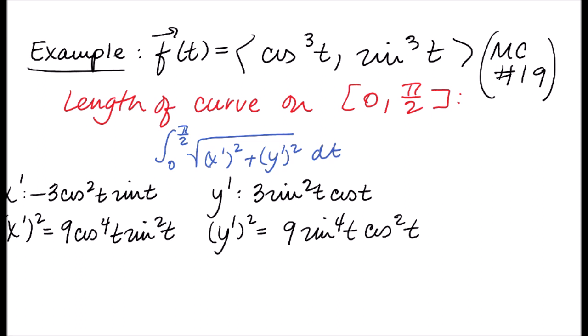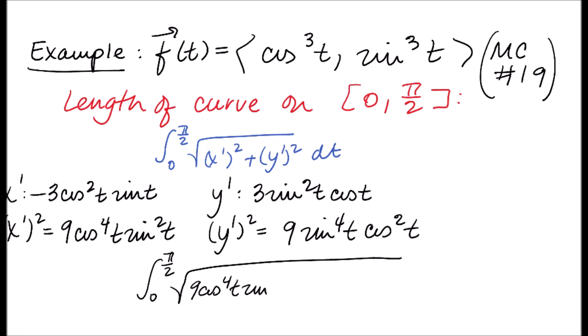So you go through your answer choices and look for an integral that has these in it. So we're looking for 0 to pi over 2 of the square root of 9 cosine fourth t sine squared t plus 9 sine fourth t cosine squared t. And that's looking like answer choice D.